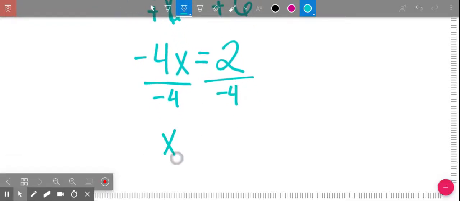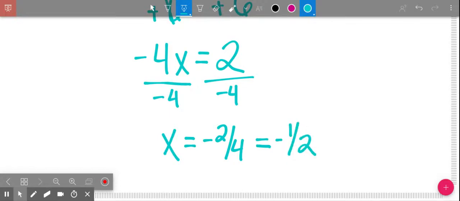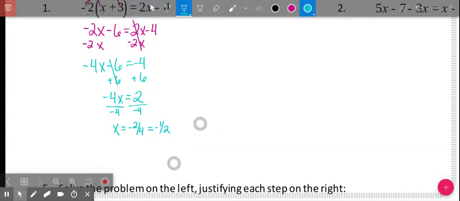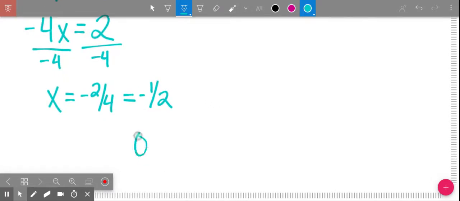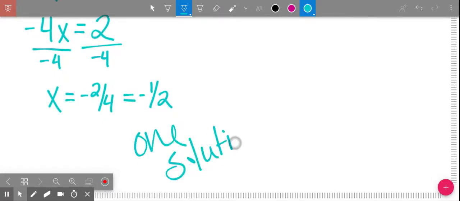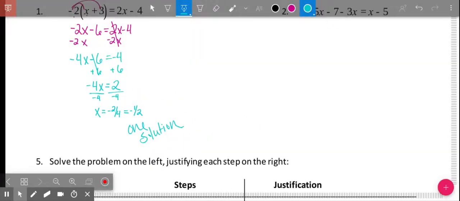And I'll get x is equal to negative 2 over 4. Now we always have to reduce our fractions. So we're going to reduce that to negative 1/2. So that right there has one solution.